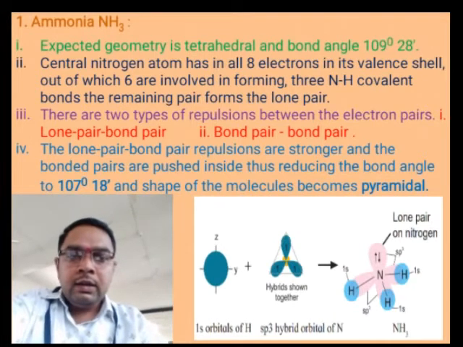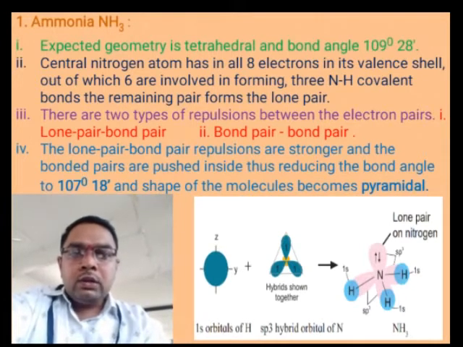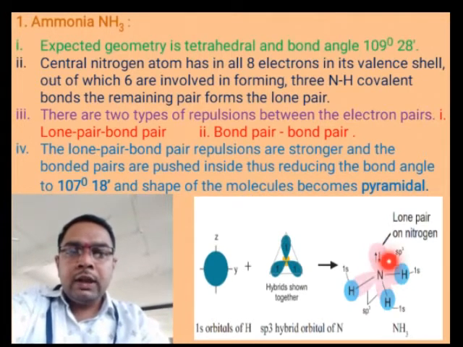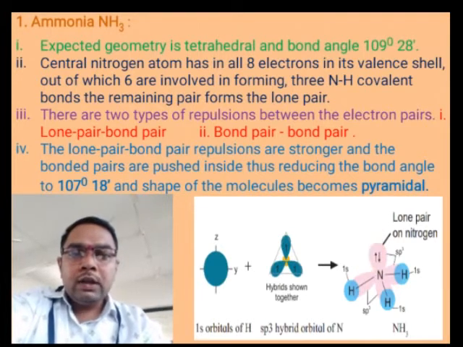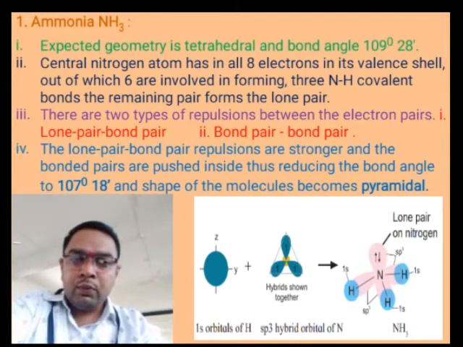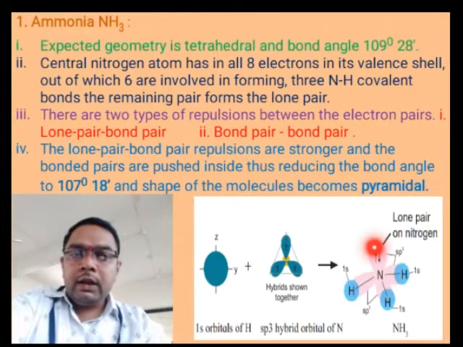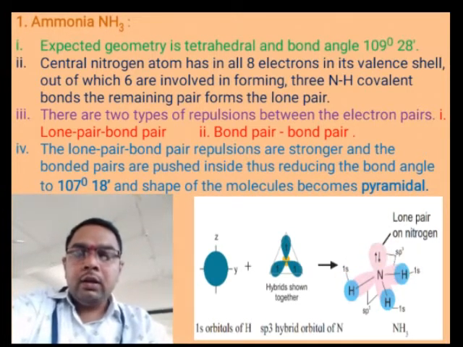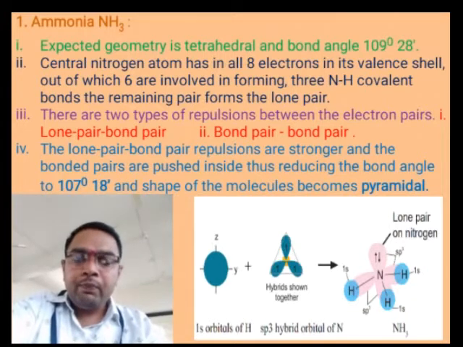In this case, all the hybrid orbitals are sp3. Therefore, it contains a lone pair of electrons and 3 N-H covalent bonds.